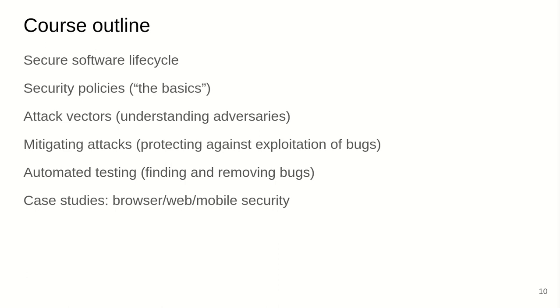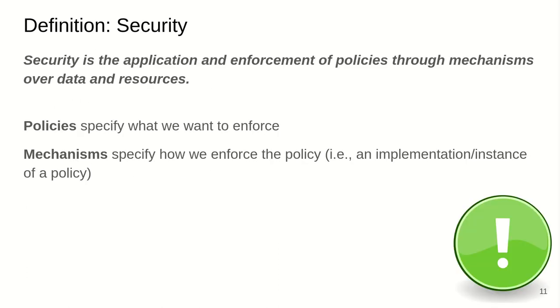You've all had security courses before, but let's start with the basic definition of security. Security is the application and enforcement of policies through mechanisms over data and resources. And the two words I would like to focus on here are, first, policies.